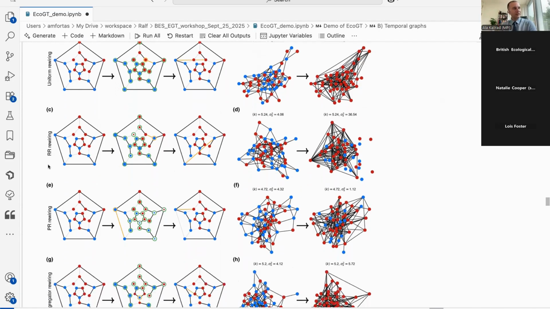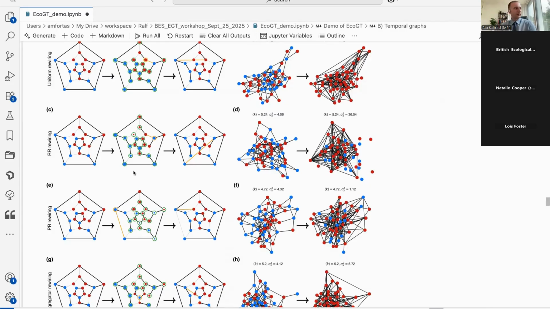In the rich gets richer algorithm, as you can see here, you would have more likelihood to receive a new edge if you have more connections, right?